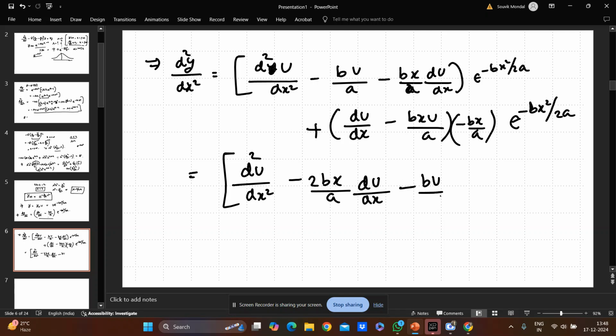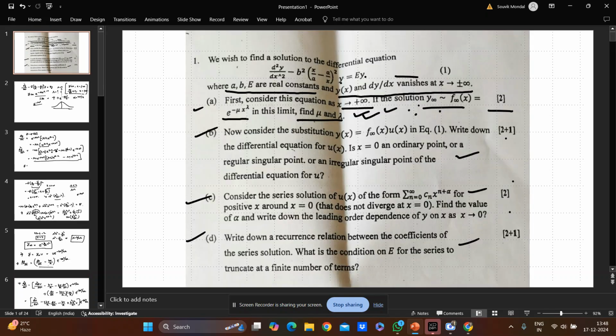Minus bu by a, and plus b square x square by a square into u, into e to the power minus bx square by 2a. Now you have to calculate the first term, I mean this differential equation. You have calculated d2y dx2. Now these two terms are left, the first term and the second term.